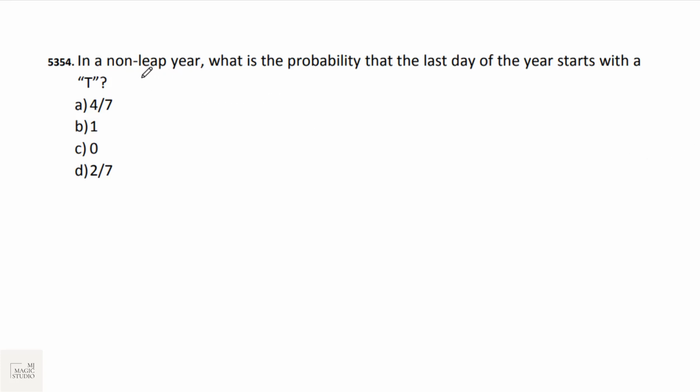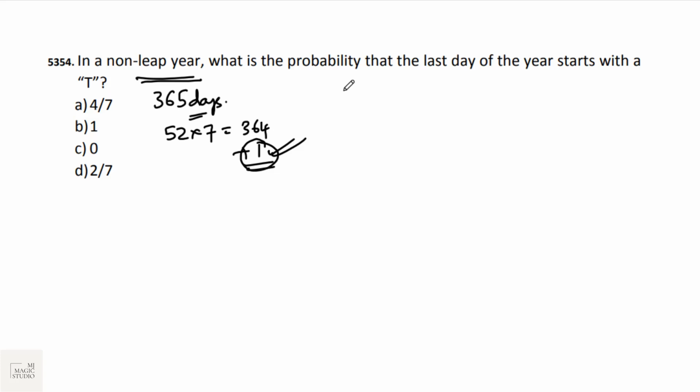In a non-leap year, that means we have got 365 days, that is 52 into 7, which is 364, plus 1 day. What is the probability that the last day of the year starts with a T?